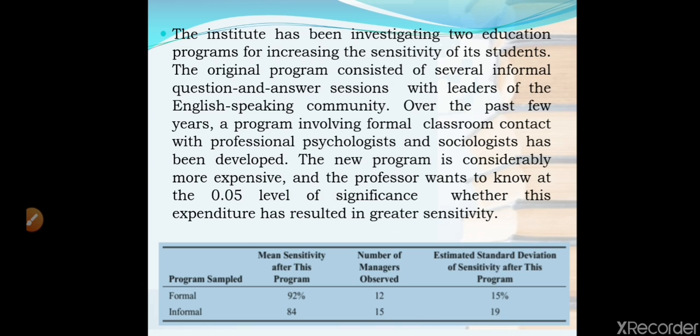Because only limited data are available for the two programs, the population standard deviations are estimated from the data. Second, the company wishes to test whether the sensitivity achieved by the new program is significantly higher than that achieved under the older, more informal program. So it means what? It is a two-tail test.